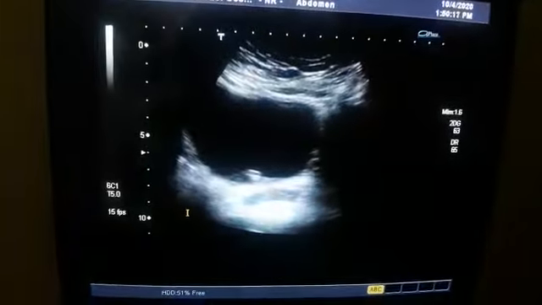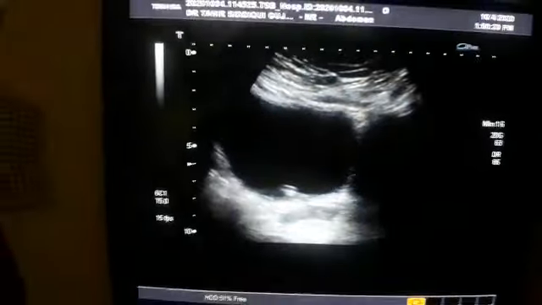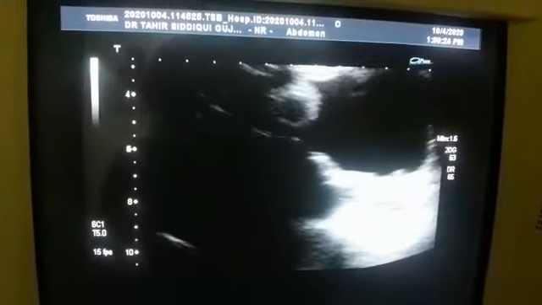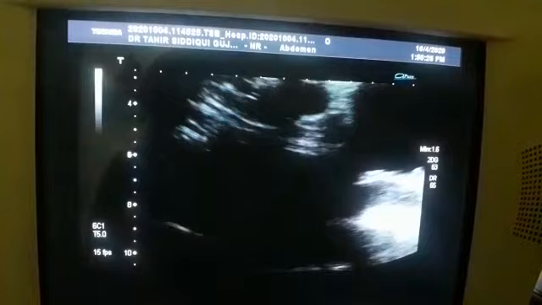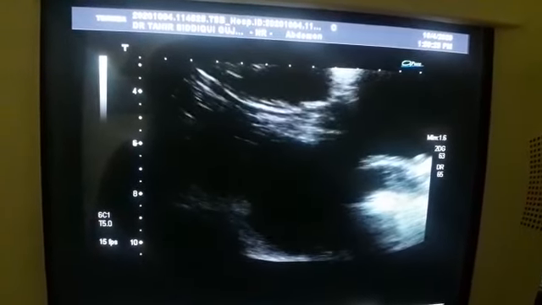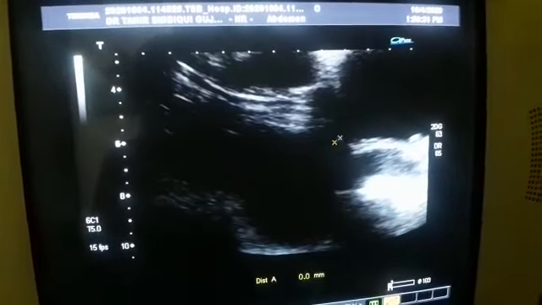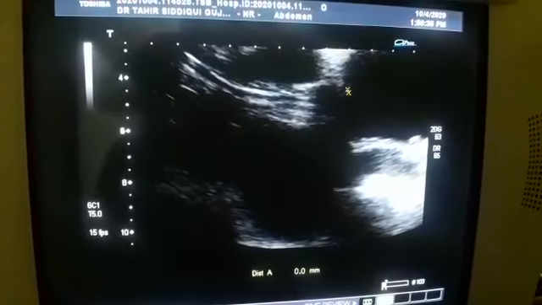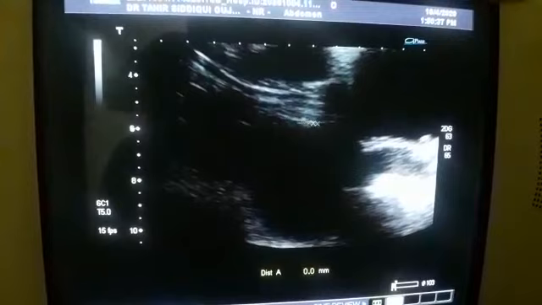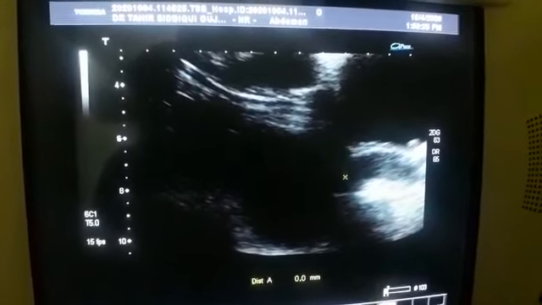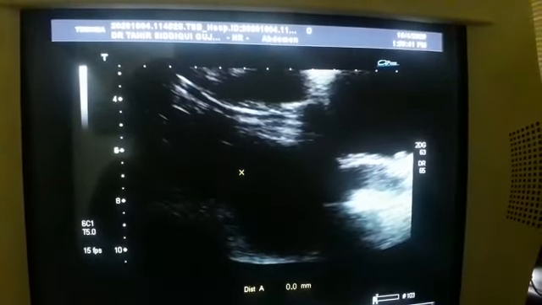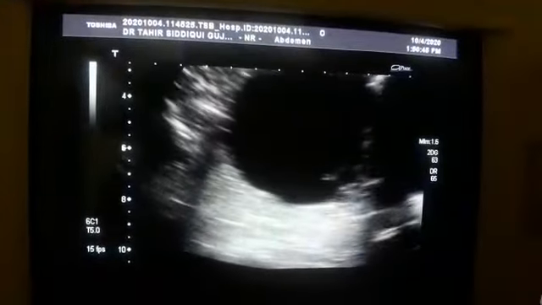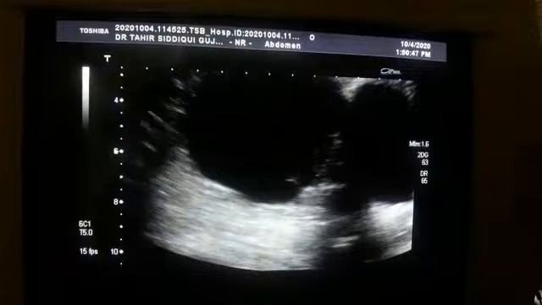One, urinary bladder with a calculus within it. Then a cystic area protruding laterally. This is the area with a breach between the urinary bladder, and this is a diverticulum of the urinary bladder, or a cyst relating to the vaginal stump, and this is the third one, which is the ovarian cyst, simple ovarian cyst.